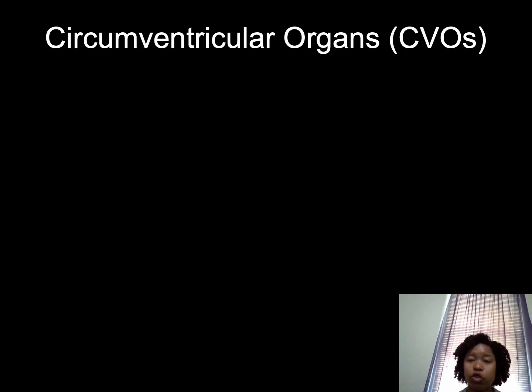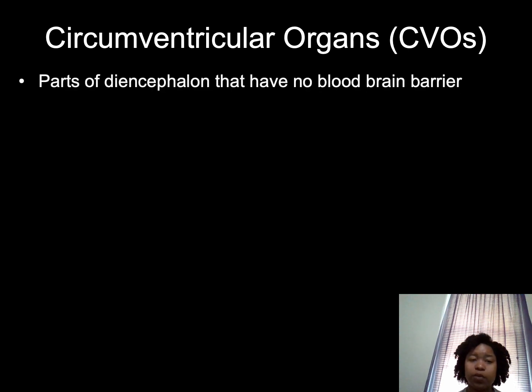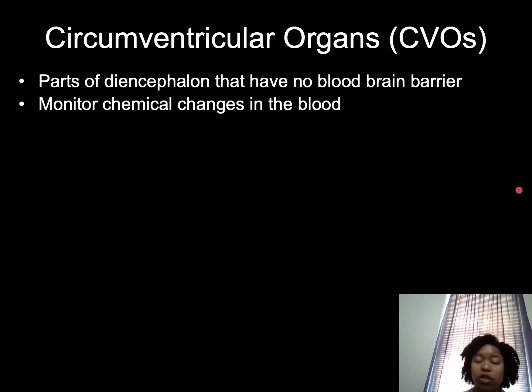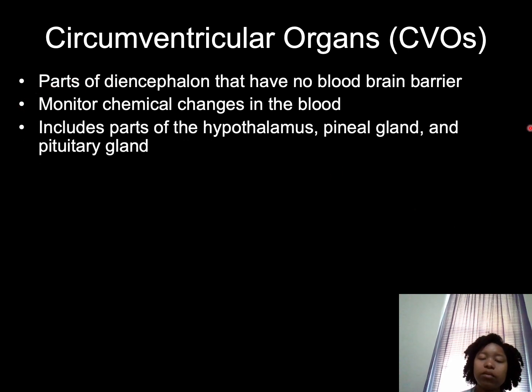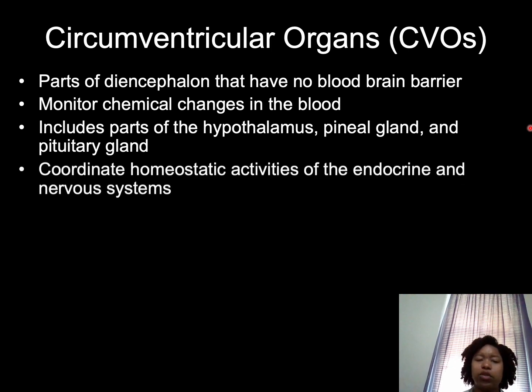So then you have circumventricular organs, or CVOs, and these are parts of the diencephalon, since that's what we've been discussing, but these are parts of the diencephalon that have no blood-brain barrier. Yes, they don't have any contact with the blood-brain barrier, right? So they monitor chemical changes in the blood, and this includes parts of the hypothalamus, the pineal gland, and the pituitary gland.